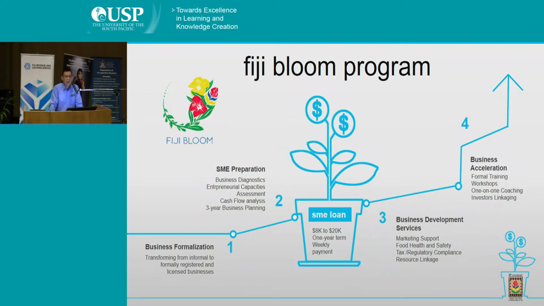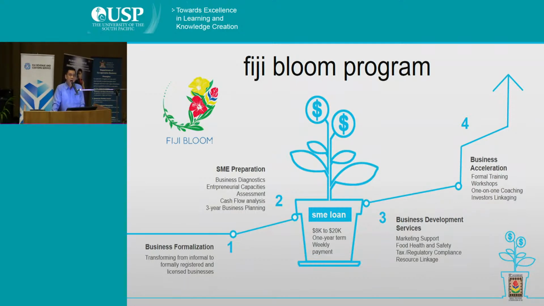We provide that at a very cheap price. Right now, for the annual tax return, we only charge you $25, while others will charge you 200, 300, and all that. Okay? And then, of course, resource linkage. We link you to other resources.